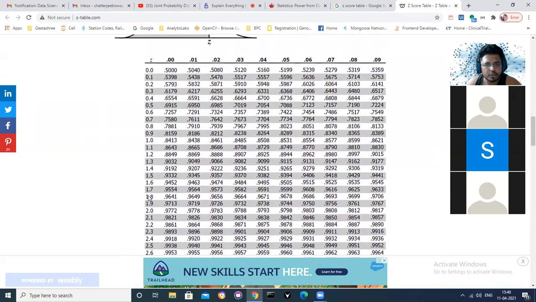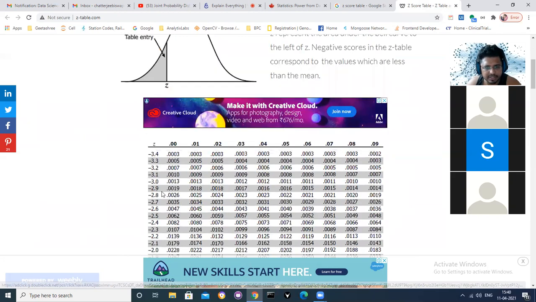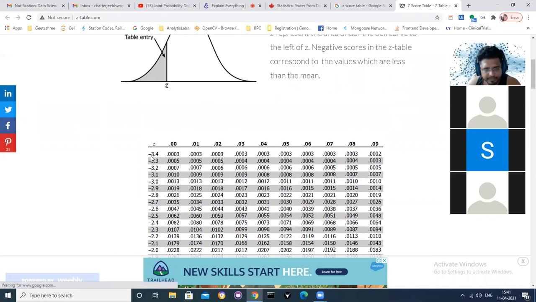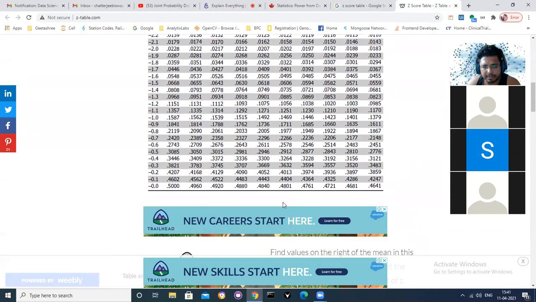Okay, so this is the Z table which you always have to keep with you, and this value is like minus 3.4. If it was minus 3.41, minus 3.42, minus 3.43, then you see accordingly. Okay, so that is the Z table.